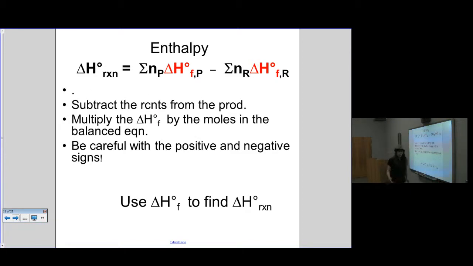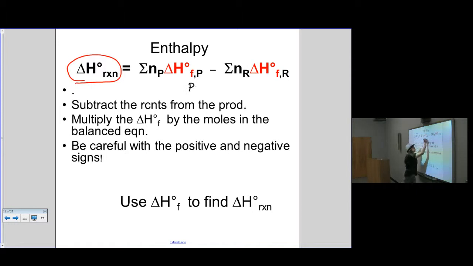So that's what the delta H of formation tables are. They're how much energy it takes to form 1 mole from its standard state elements. Now that we know where those numbers come from, we need to find the reaction. We want to know how much we have for some given reaction, for that enthalpy value. We'll take the sum of the number of moles times each delta H of the products minus the sum of the number of moles times each delta H of the reactants.